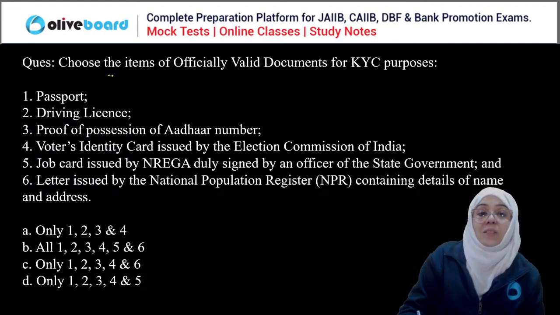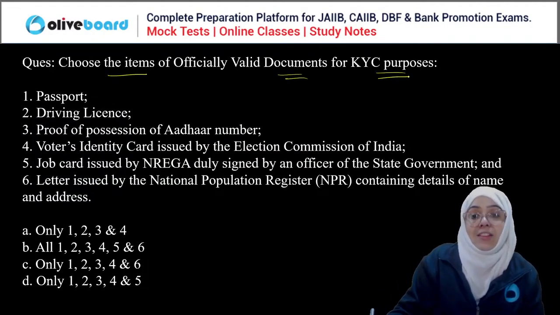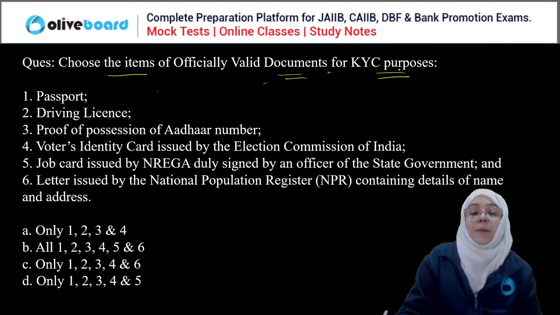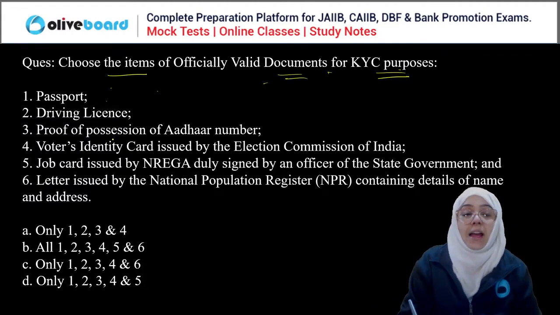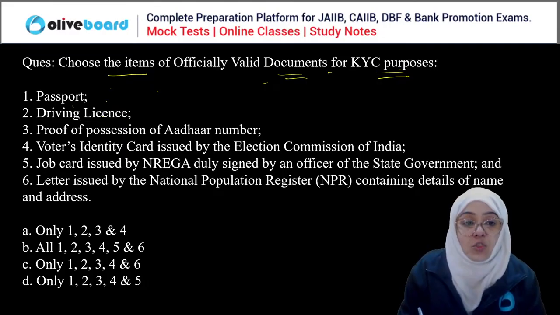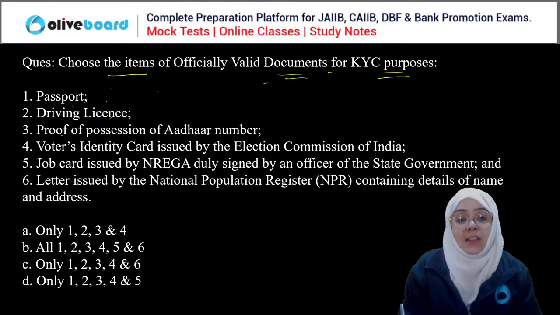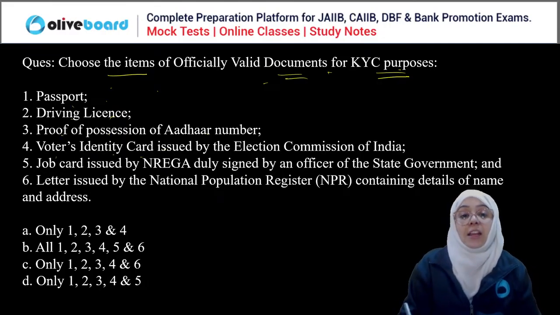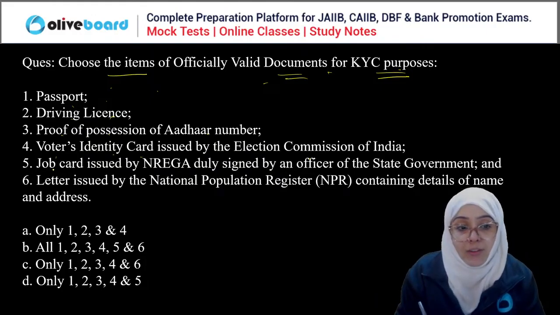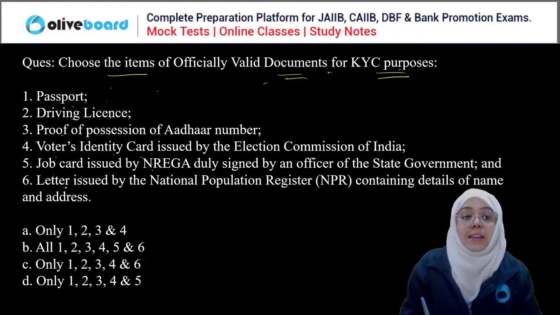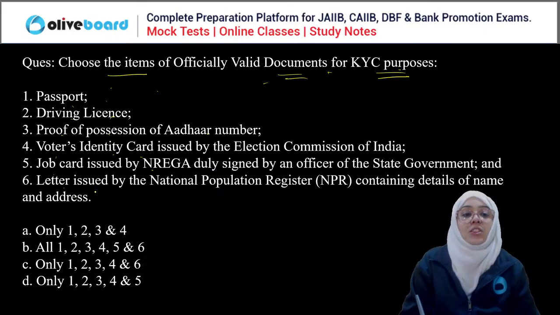Next, we have to choose the items of OVD for KYC purpose. So, officially valid documents for KYC purpose. Passport, driving license, proof of possession of Aadhaar number, voter's identity card issued by Election Commission of India, job card issued by NREGA, and letter issued by National Population Register.